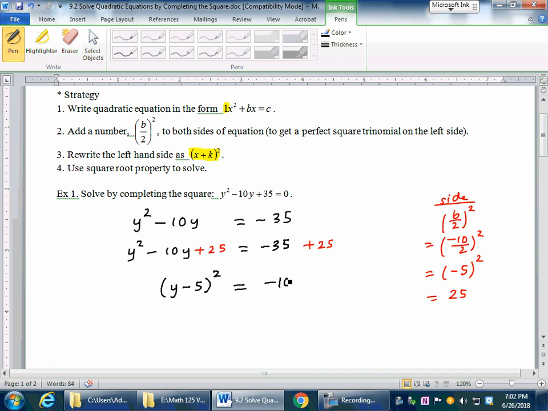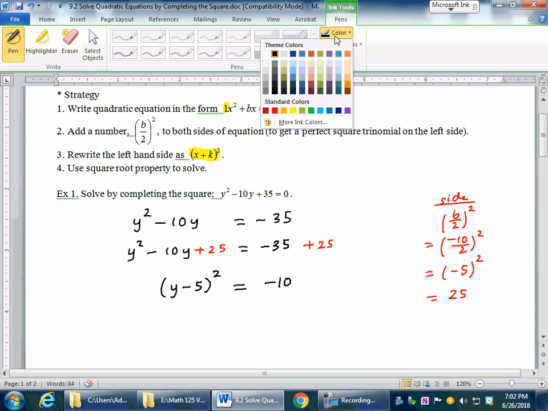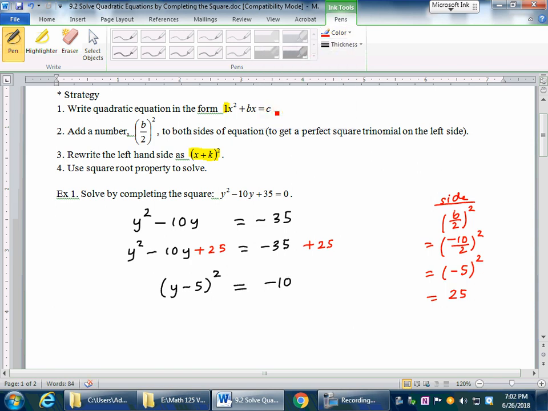Now, from this step on, we can see that we can use the square root property, right? Because we have a square term by itself on one side and a number on the other side. So taking the square root on both sides, don't forget plus or minus.